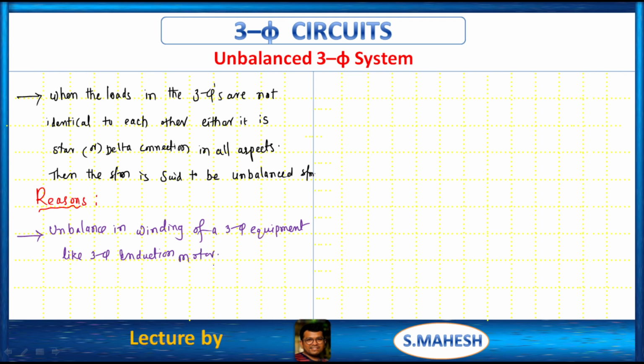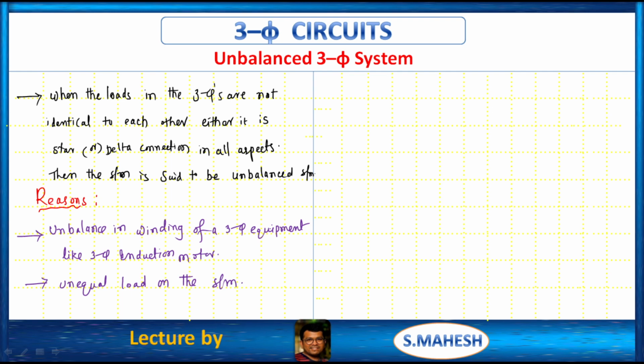Supply system is three-phase alternator, like that the load system is what? Three-phase induction motor. So induction motors are nothing but three-phase loads. Okay, next one, unequal load on the system. These are the main reasons to get the unbalanced system, right?